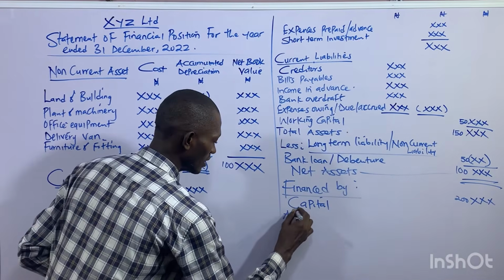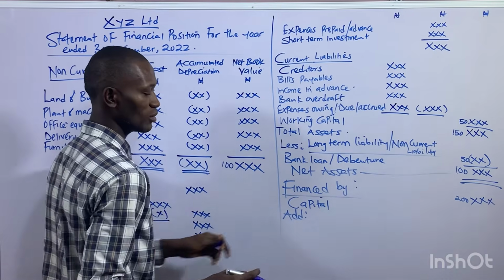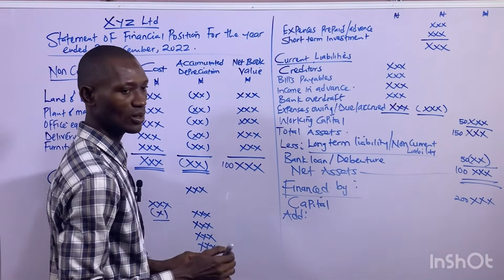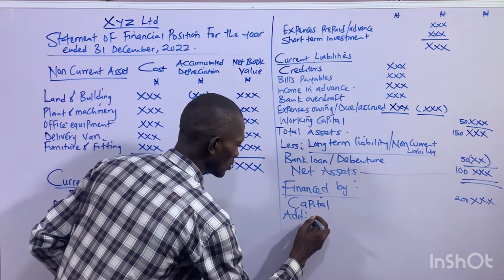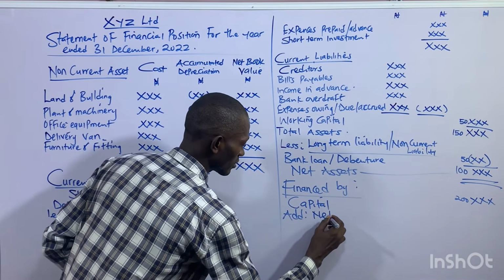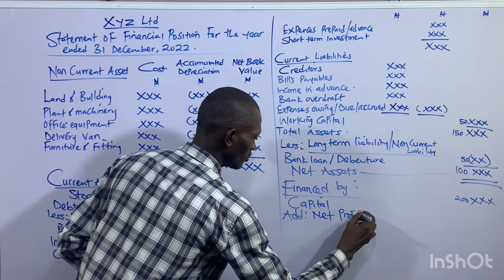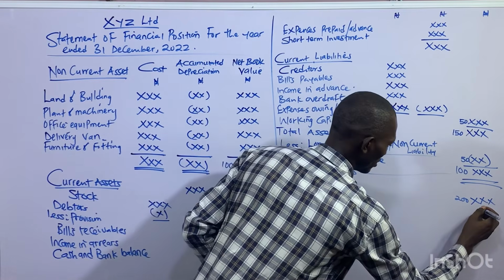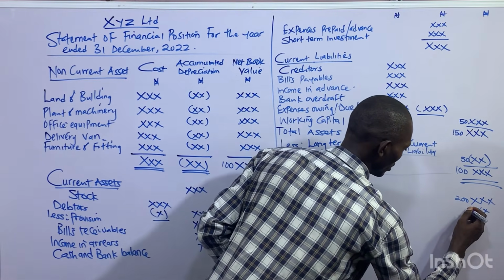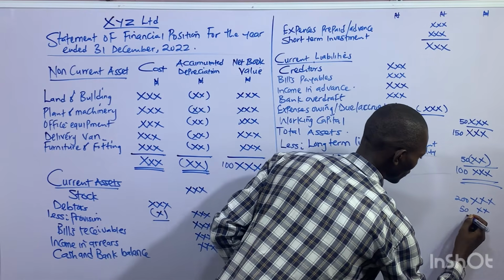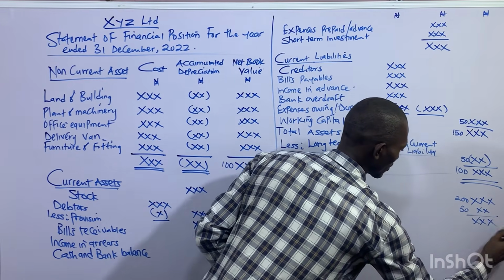Then we have our net profit. If it is profit, you add it to capital. If it is loss, you minus it from the capital. So add net profit; let's say net profit is 50. So we add it.